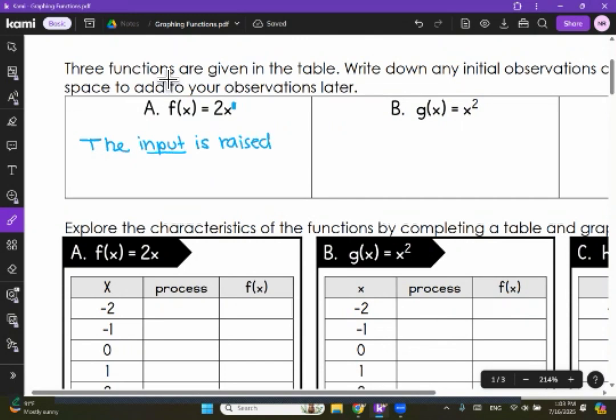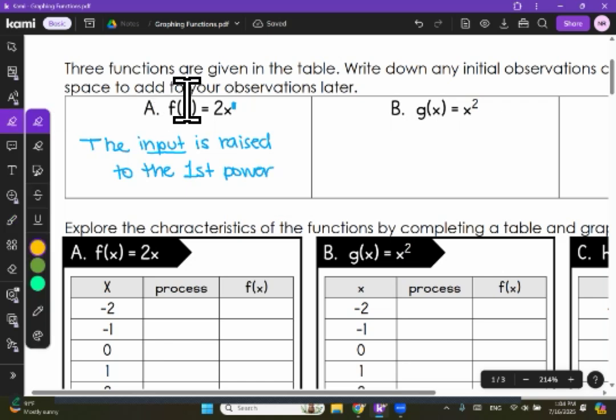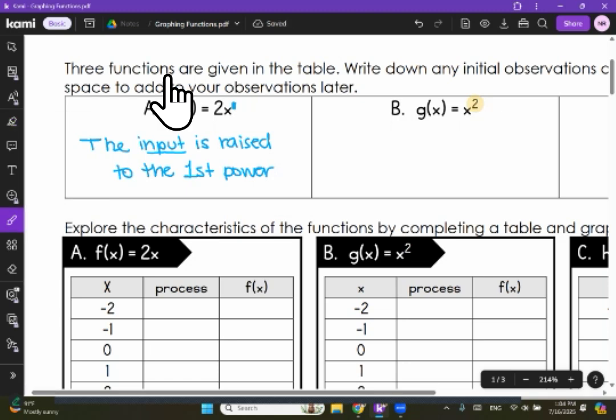It's the number that you're plugging in. Input is raised to the first power. You'll notice here on B, there is an exponent, and that exponent is 2. So the input is raised to the second power.